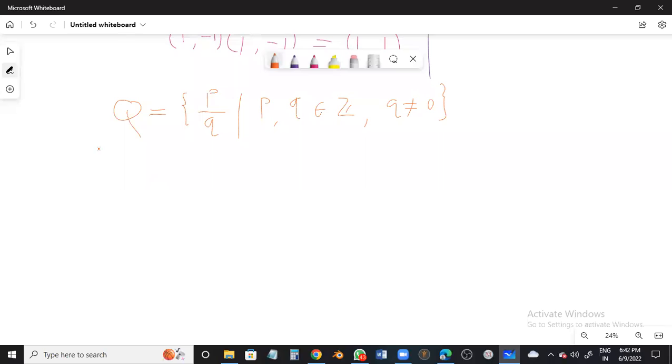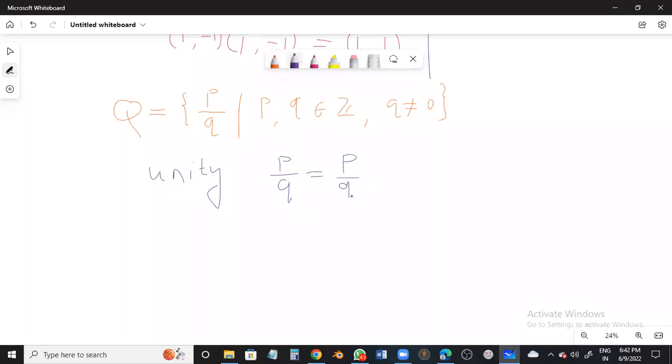Now the question is, in case of rationals, what are unit elements? To think of unit elements, I have to think first of what will be the unity in Q. What is that element? If I multiply by that element, my P by Q will remain as it is.